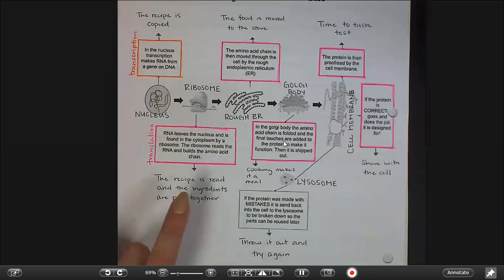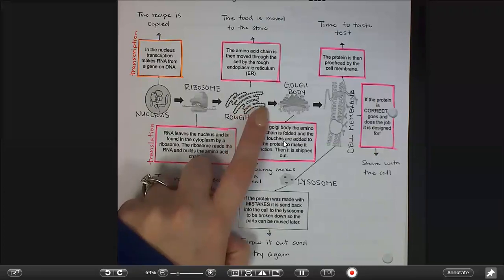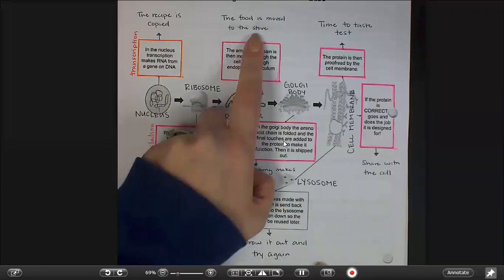Once the chain of amino acids is made, it's going to move to the rough ER. And remember, there are two types of ER, or endoplasmic reticulum. And the rough ER has ribosomes attached. So it is a transport system for proteins. And this is where we're going to move the food to the stove to cook it, where we're getting ready to make the dinner.